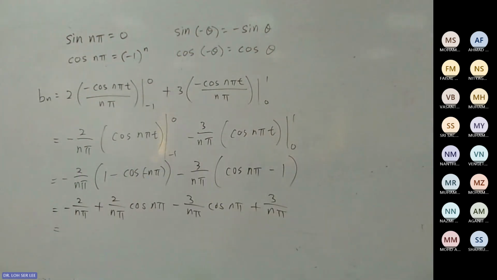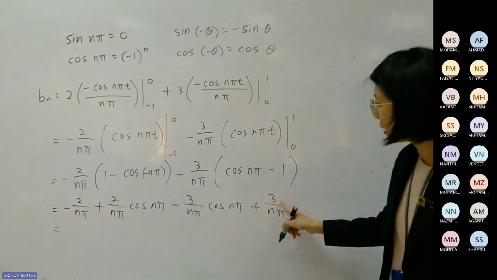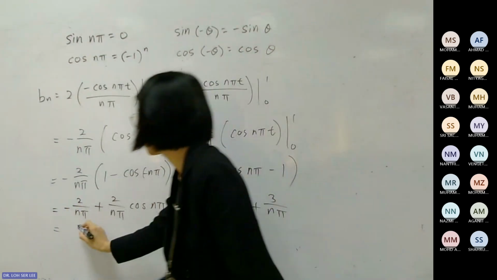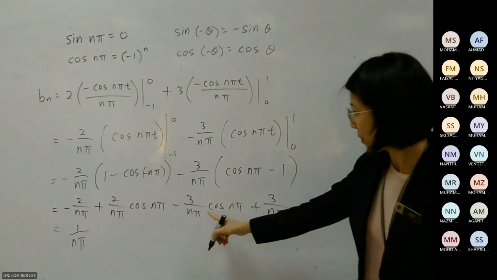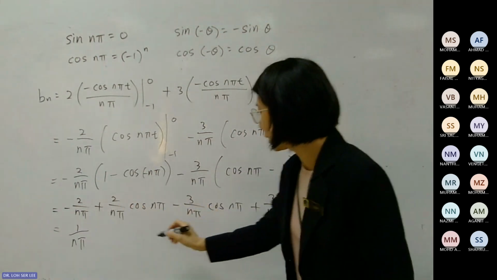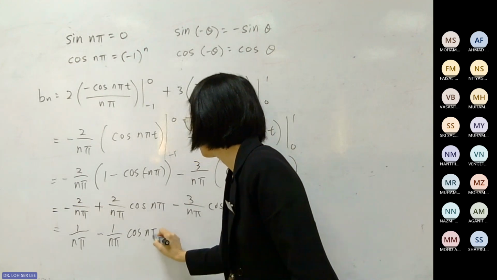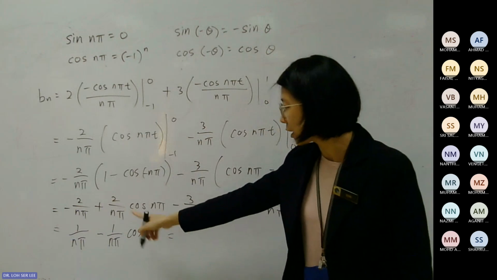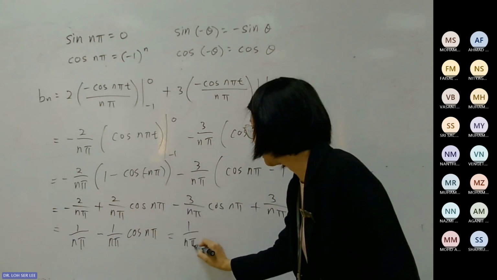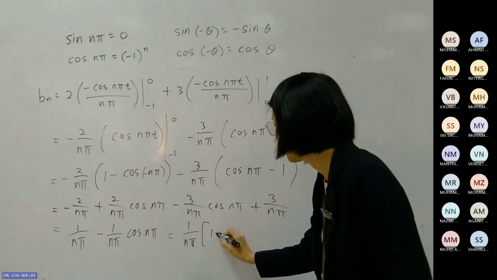So we simplify. -2 plus 3, that means 3 minus 2, 1 over n pi. And 2 minus 3, minus 1 over n pi cos n pi. Same function, so we can factorize the 1 over n pi. That means 1 minus cos n pi.